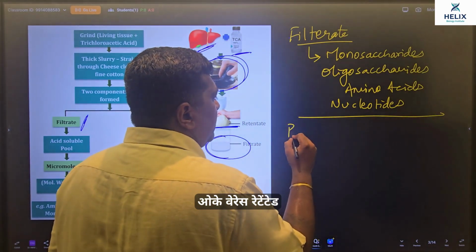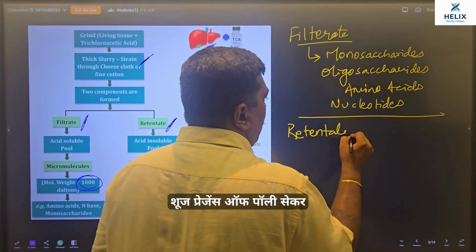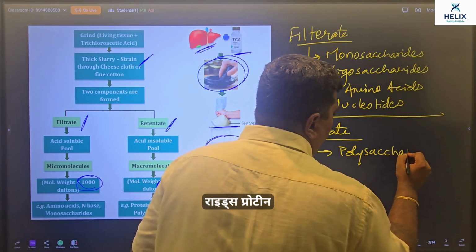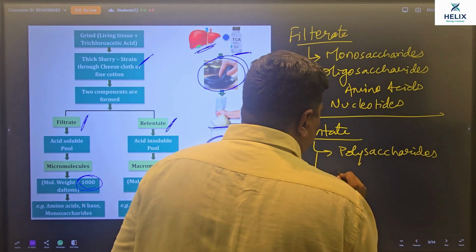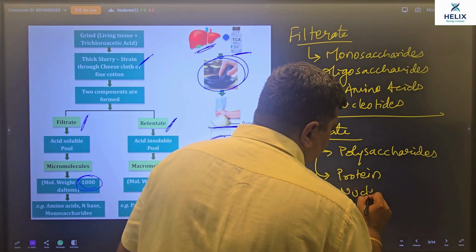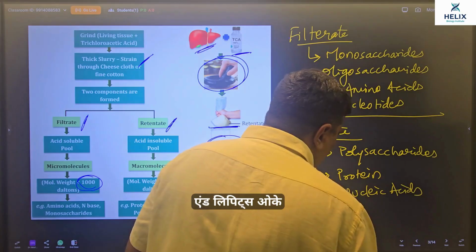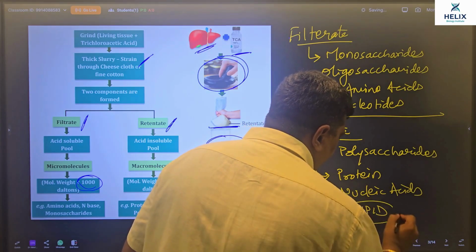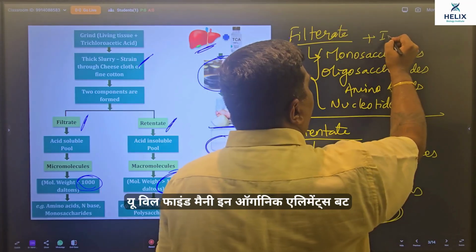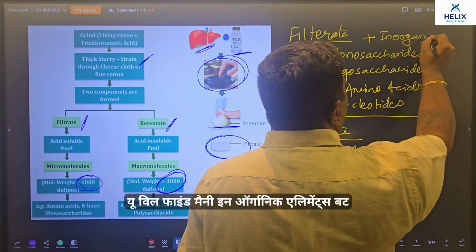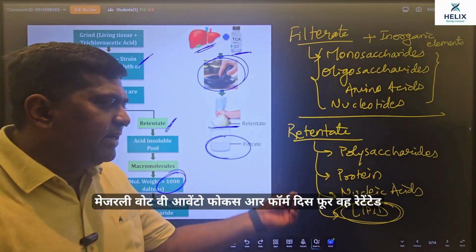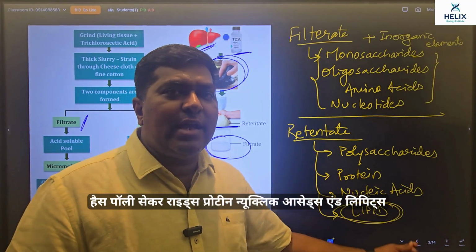Whereas the retentate shows the presence of polysaccharides, proteins, nucleic acids, and lipids. In the filtrate, apart from these four, you will also find many inorganic elements. But majorly we are going to focus on these four, whereas the retentate has polysaccharides, proteins, nucleic acids, and lipids.